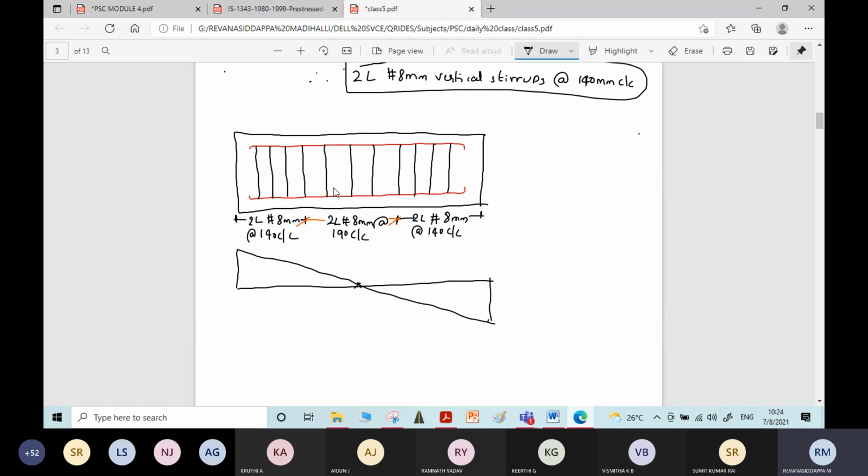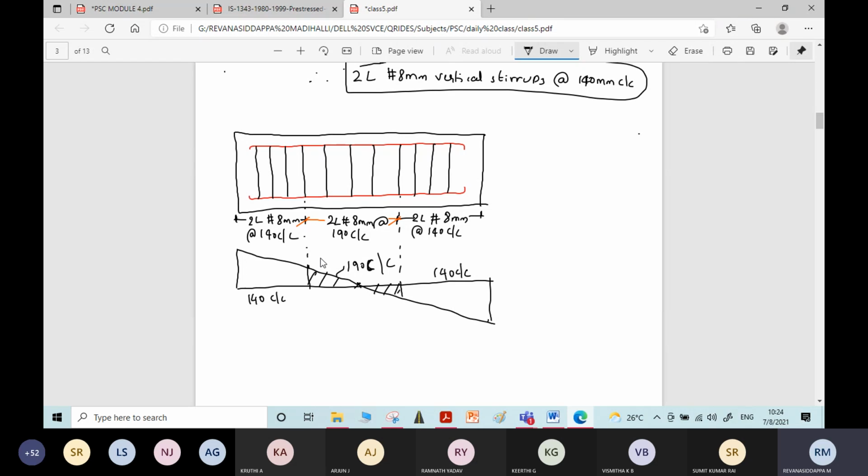Therefore here, corresponding to this zone, you can increase the spacing. Okay, 190 center to center, and here 140 center to center, because the shear force is higher at the support sections.